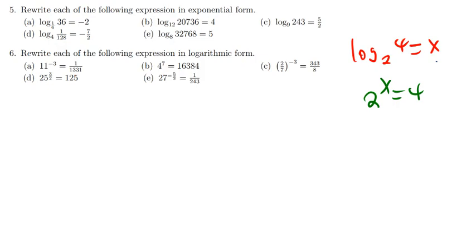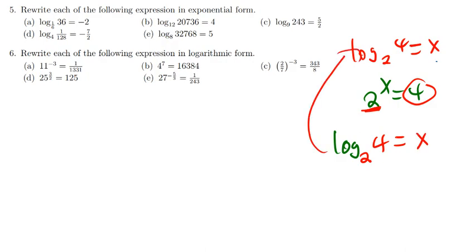You first write log, then anything which has got power is going to be the base. So it's going to be log base 2. What is outside is the one which is going to be here, equal to the power. The power is going to be outside. We have taken it back to that. Does that make sense?